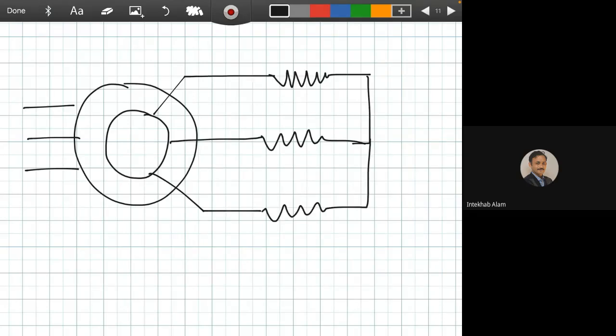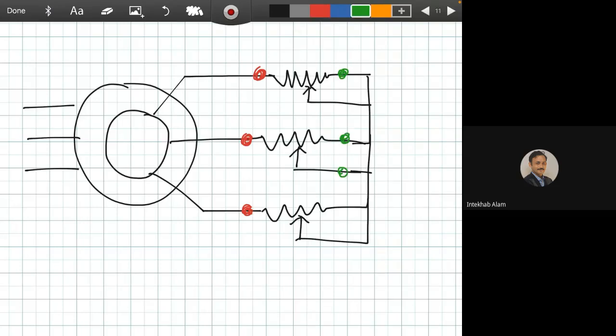We can put a jockey in here. We call it a jockey. Can you recall it? Whenever we place the jockey at the red point, the resistance is minimum, and whenever we place the jockey at the green point, the resistance is maximum.